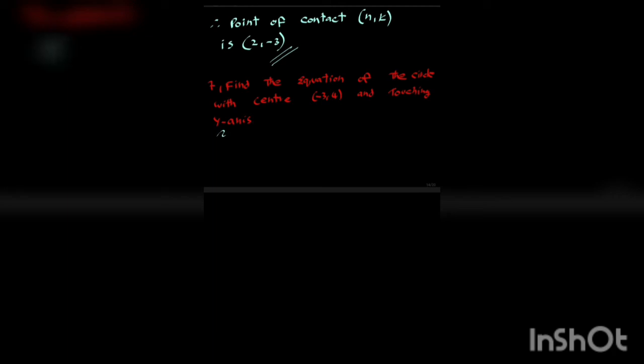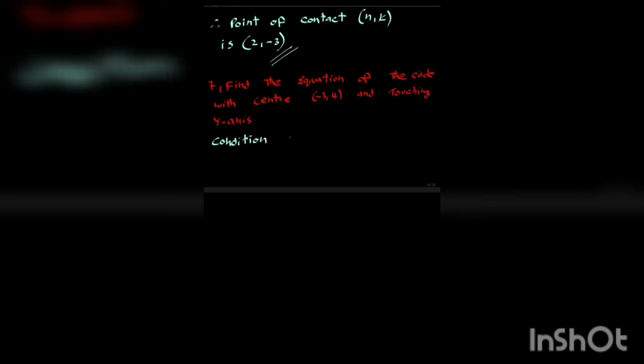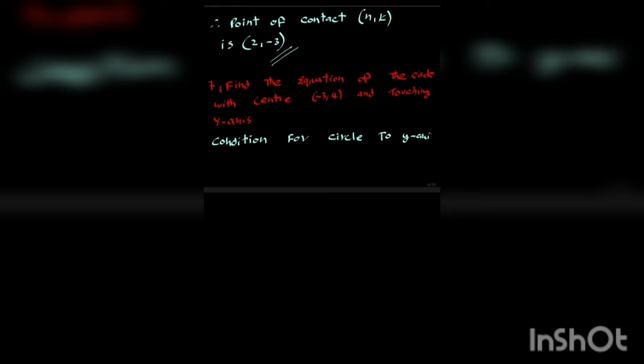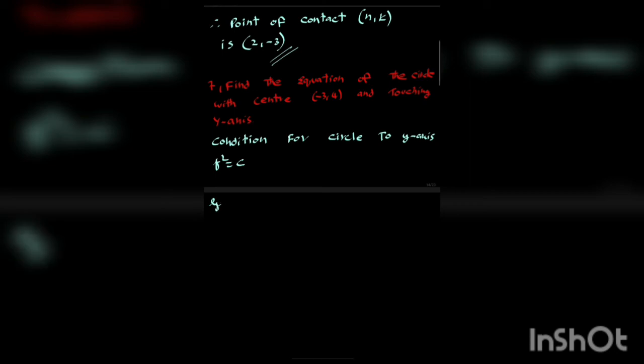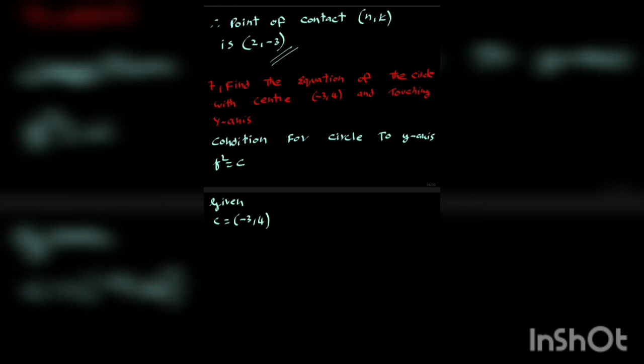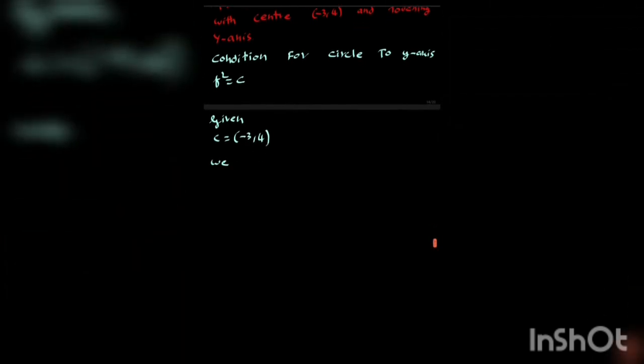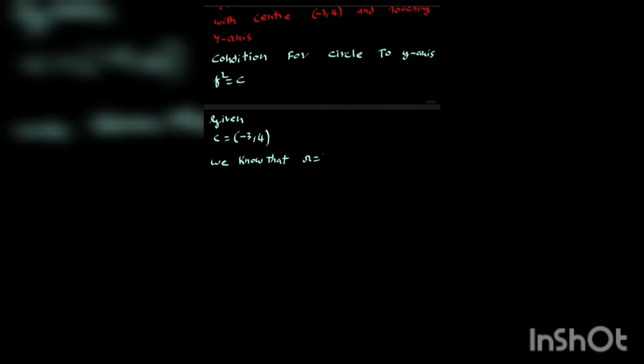So we have a condition. Condition for circle touching y-axis, that is f square is equal to c, and given c is minus 3 comma 4, and we know that r is equal to center of x coordinate.